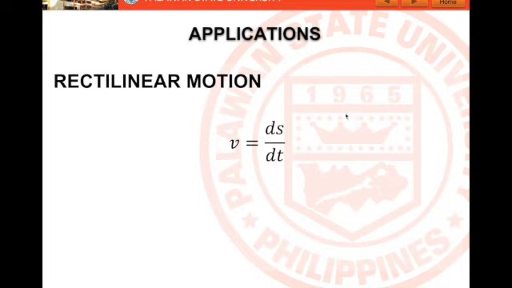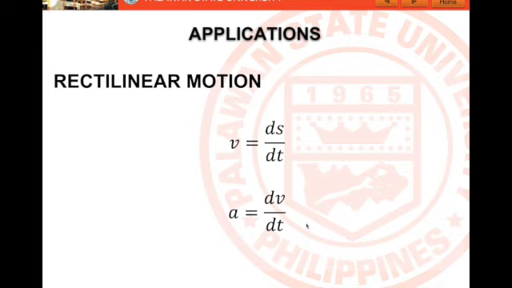So we write that as a differential equation where v of t, velocity as a function of time, is equal to ds over dt, where s is our position. We also defined acceleration as the derivative of the velocity, or the change in velocity over the change in time.